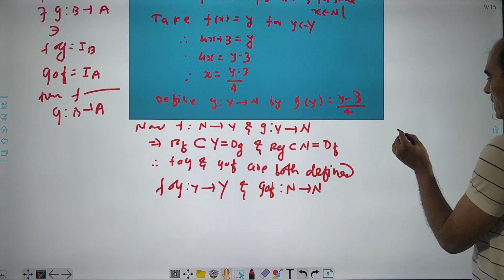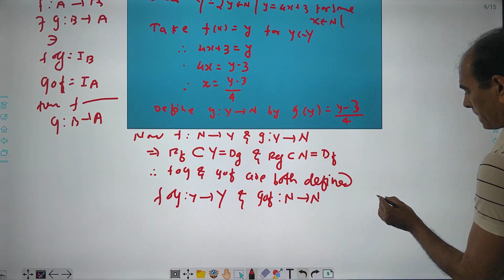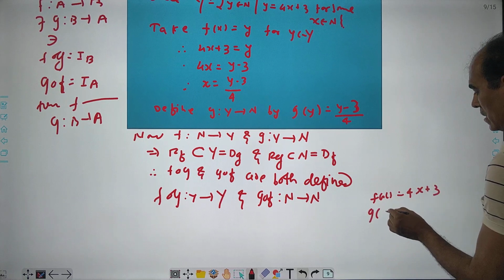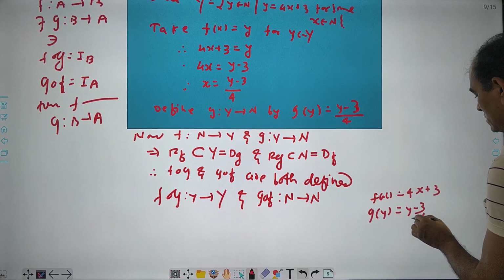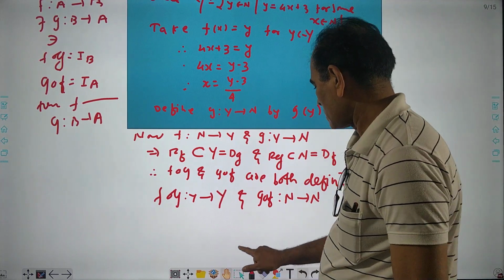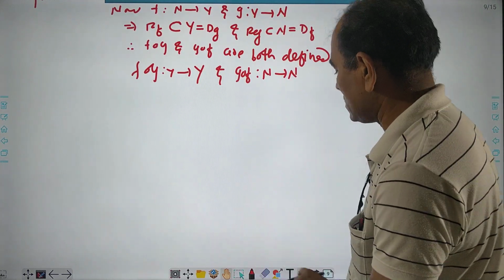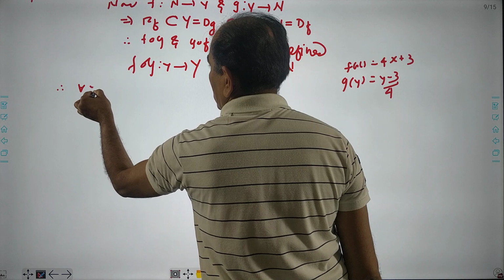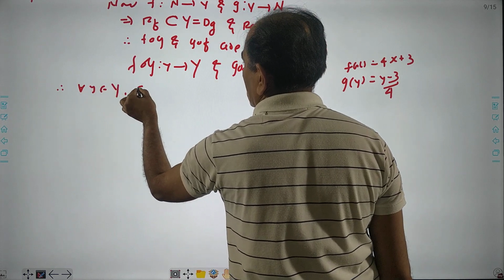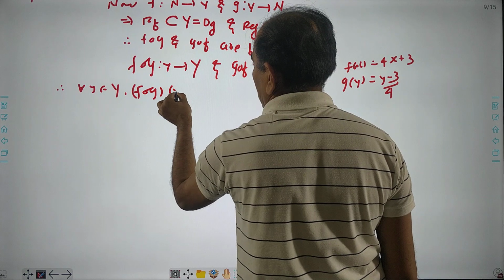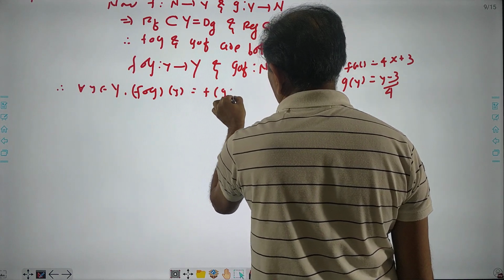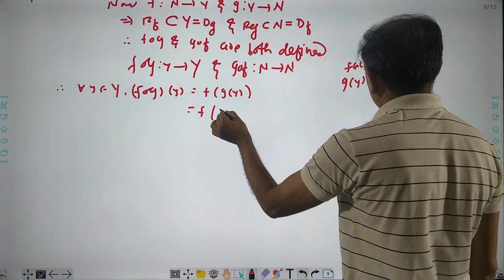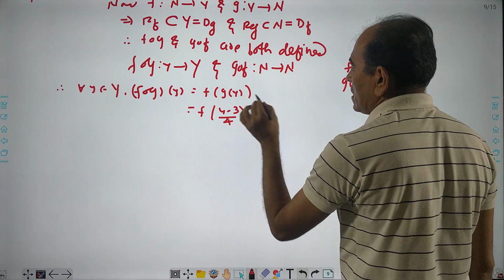Let us note that f of x is equal to 4x plus 3 and g of y is equal to (y minus 3) by 4. Now see. For every y belongs to Y, (f of g) at y is equal to f of g of y. What is g of y? That is f of (y minus 3) by 4.